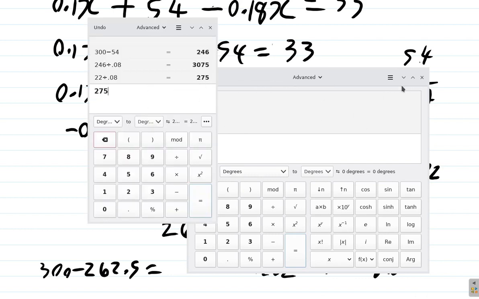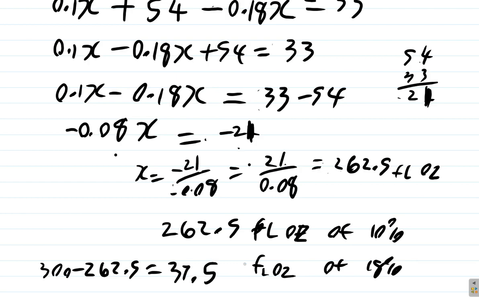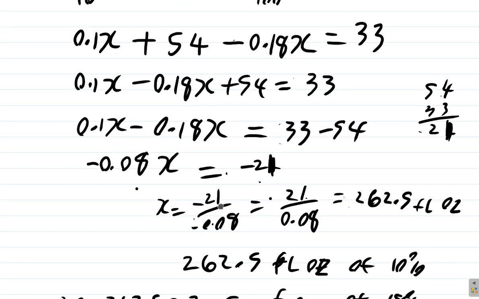How much does that give us? 300 minus 262.5 equals 37.5. So that's 37.5 fluid ounces of the 18%.